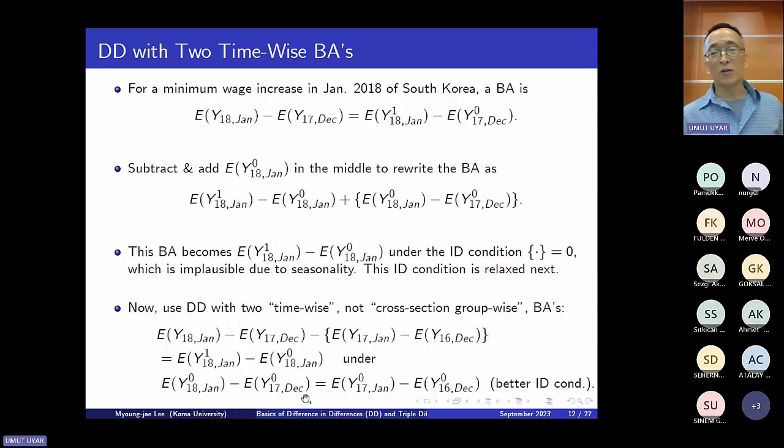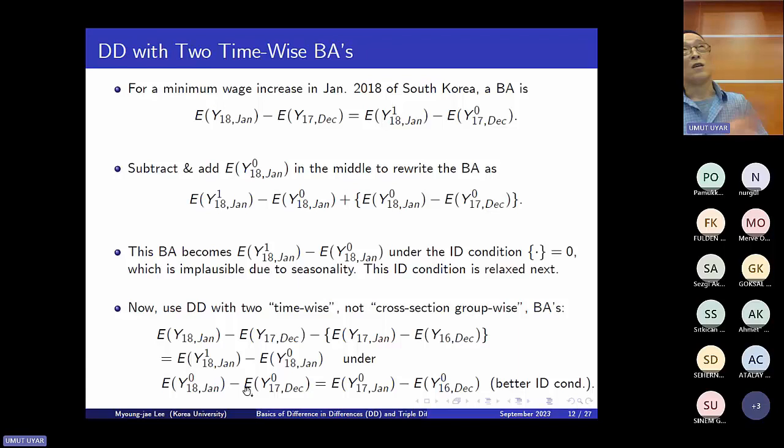And under the next assumption, this time-wise DD can identify this effect in January, just like here. The ideal condition is that the untreated outcome difference between January 18 and December 17 is the same as January 17 and December 16.